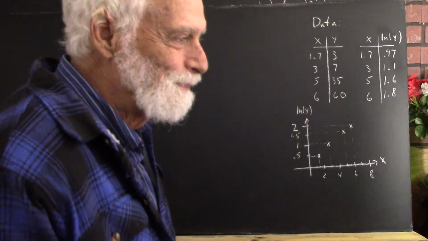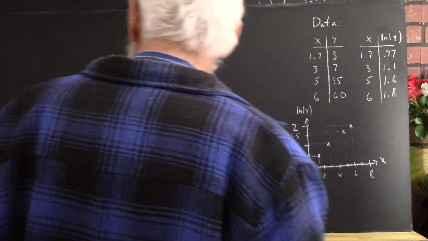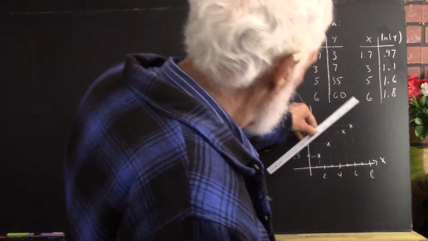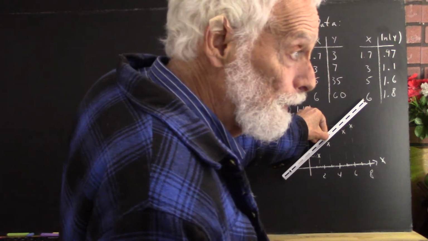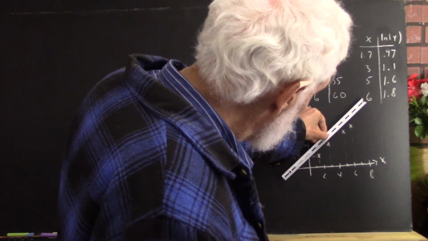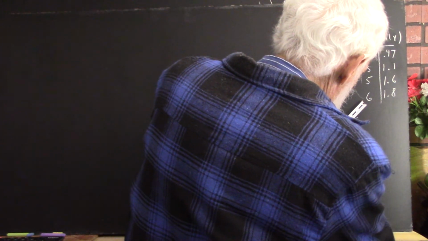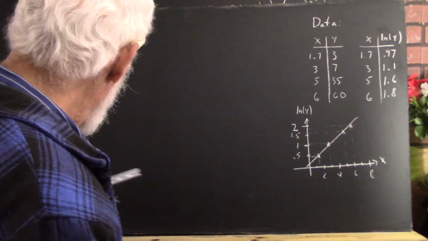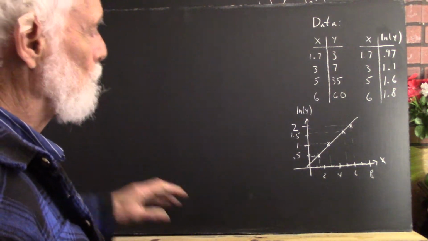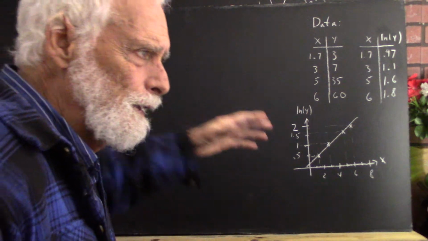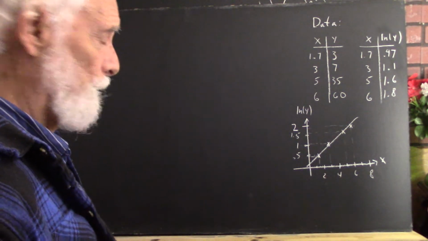Okay, now, we'll see that these points don't lie very well on a straight line. But if I lower that line to about here, maybe I get a pretty good approximation. So let's just say that even though the points don't look like they're all that straight, there is a straight line that does a pretty good job of approximating them.